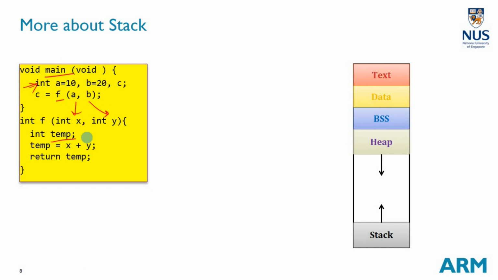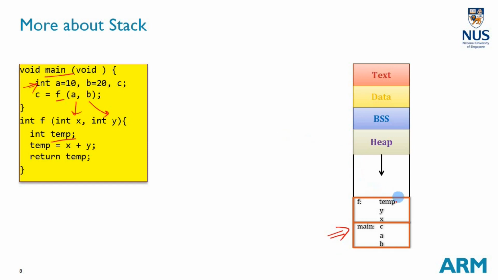So when I compile this code and execute it, what happens? The first thing is the main itself. As you can see, there are 3 variables a, b, and c, which will occupy the stack space. When the main function runs and I call the f function, I need to pass in 2 parameters.